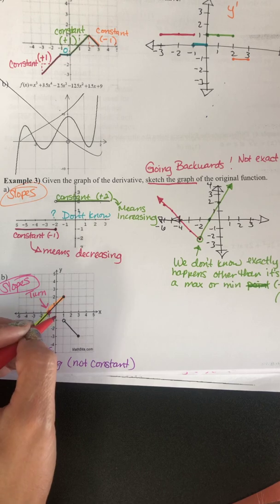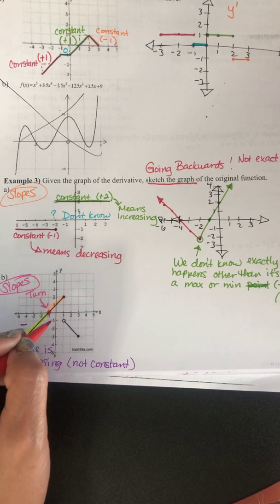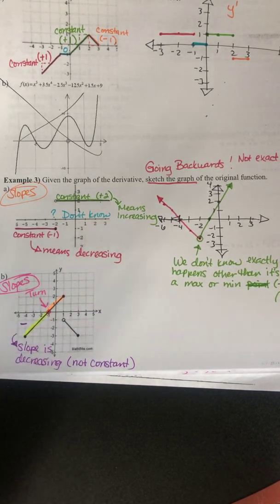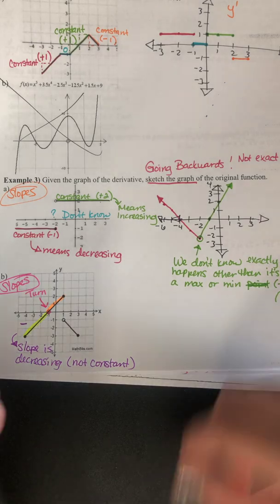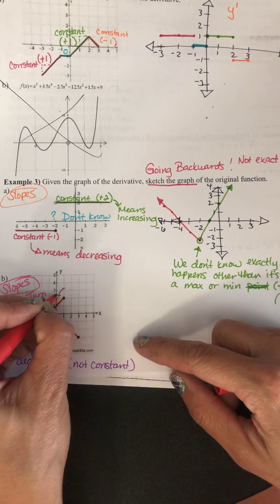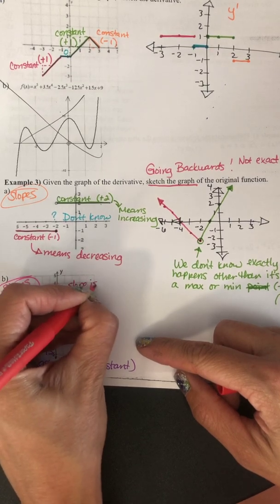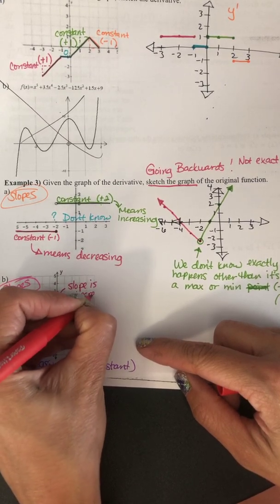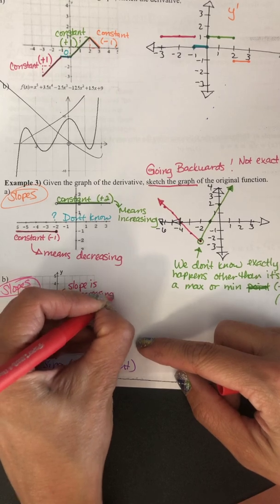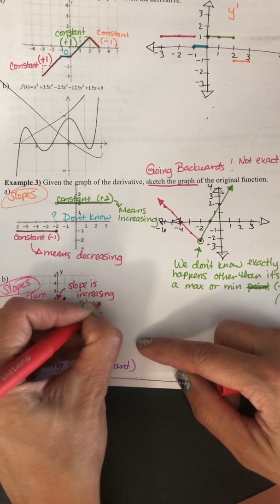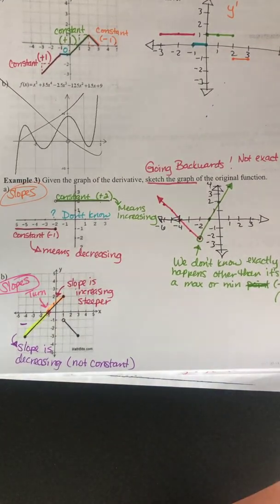At 0, the slope is 1. At 1, the slope is 2. So the slope is increasing steeper and steeper each time. Okay, so let's put in our little notes. Slope is increasing. And it's getting steeper.